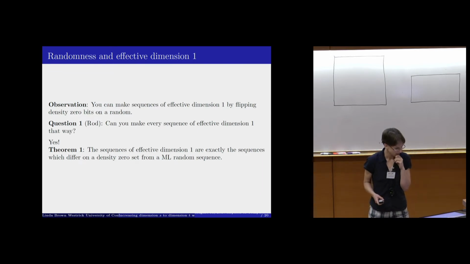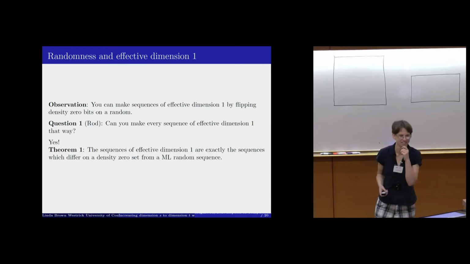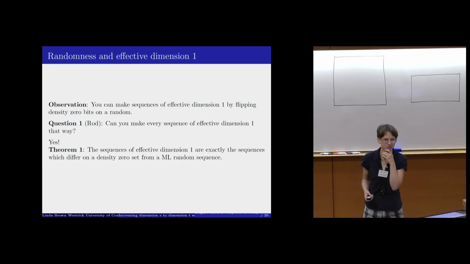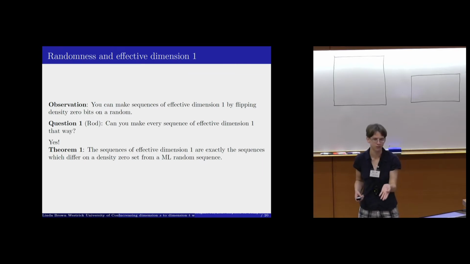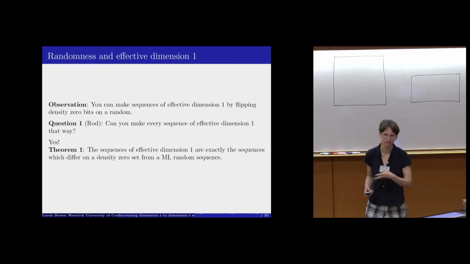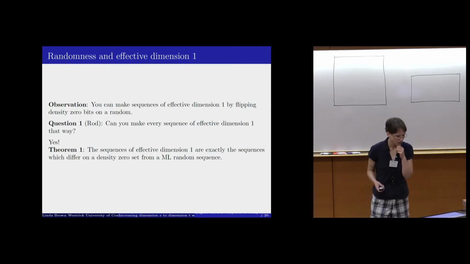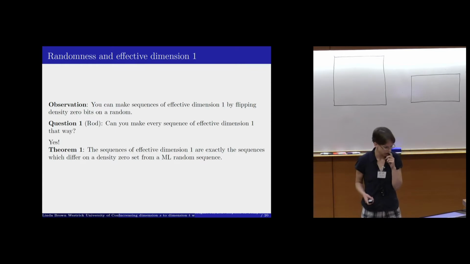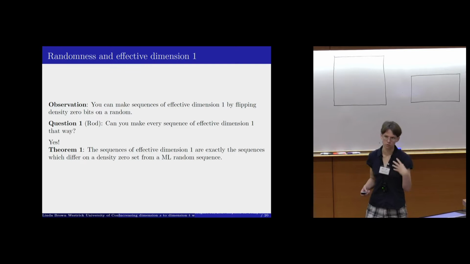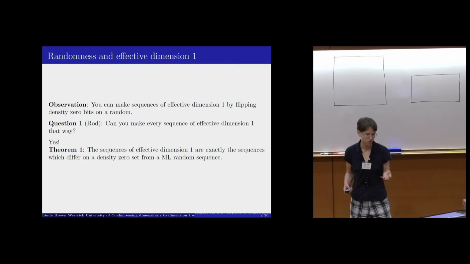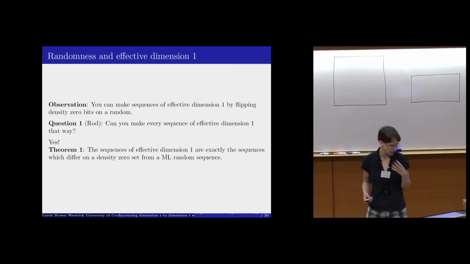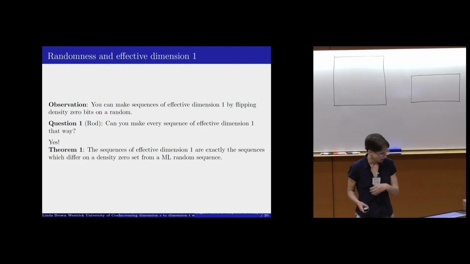Then a question was going around, I knew of it because Rod kept asking us, though I don't know whether it originated with you or not, of whether you can make every sequence of effective dimension 1 by taking a random and messing it up on a set of density 0. The first theorem that we proved was that that is the case. So the sequences of effective dimension 1 are exactly the sequences that differ from a Martin-Löf random on a set of density 0.